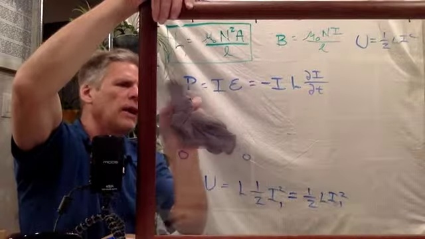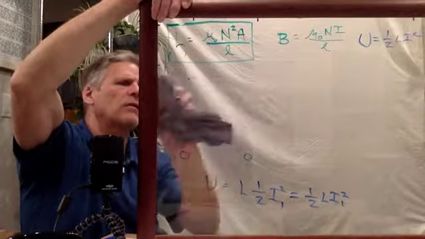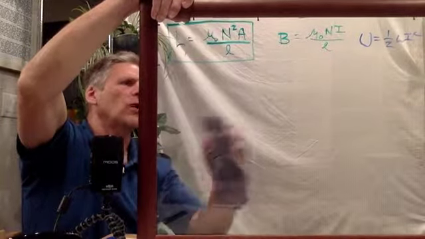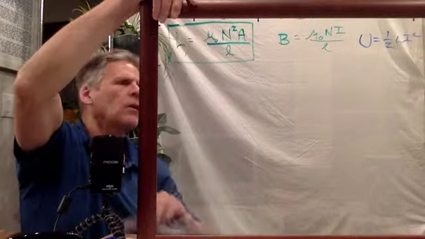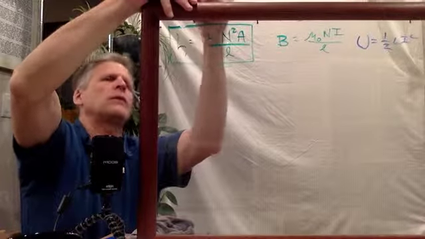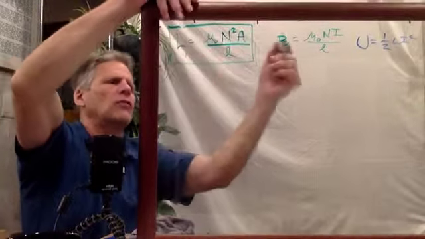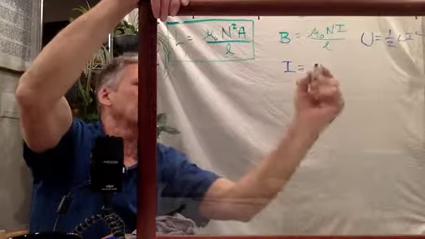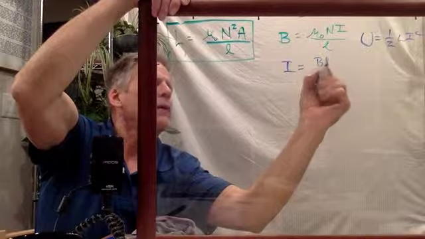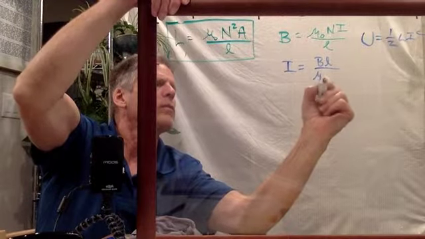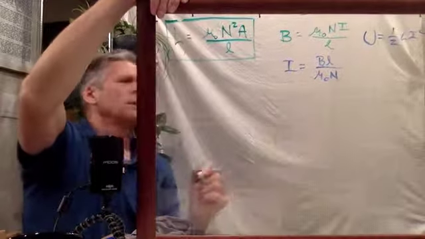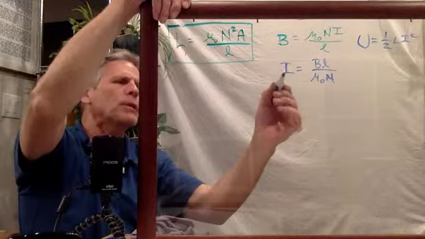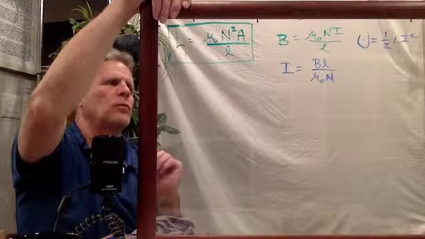Now, let's go ahead and see what this energy is in terms of the magnetic field. If we rearrange this equation to get I by itself, what we end up with is I equals B L over mu 0 N. Did I get everything? L mu 0. Yes. Okay. So I'm going to put this back into this expression over here.